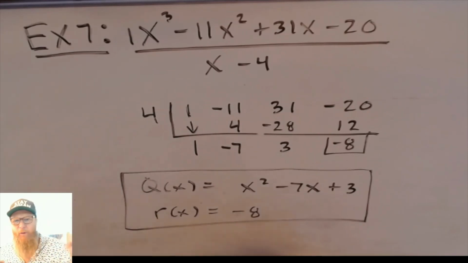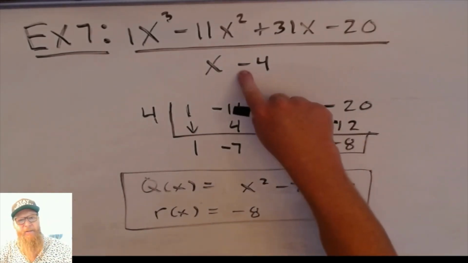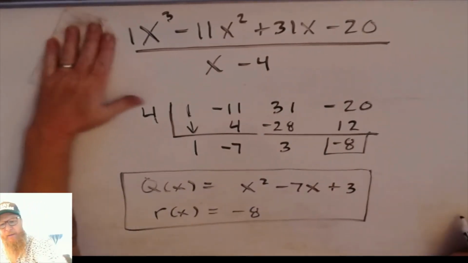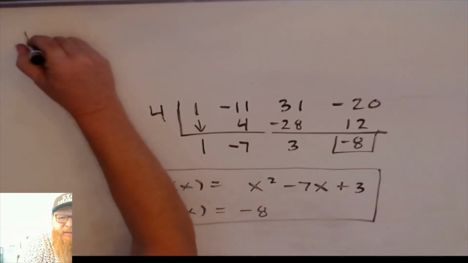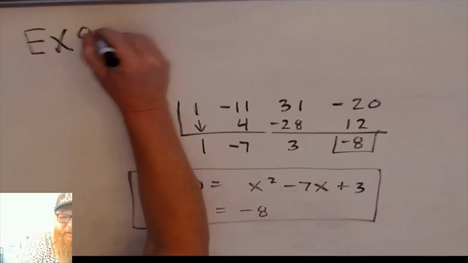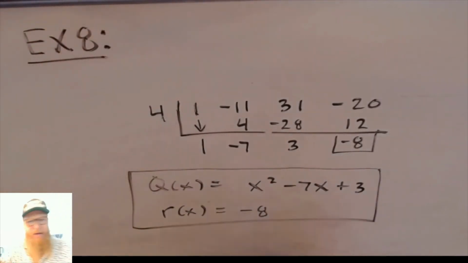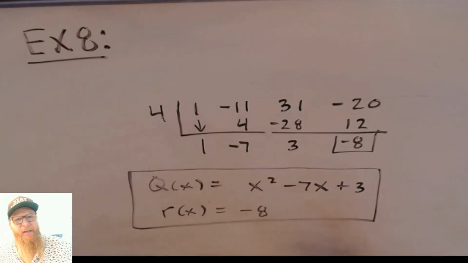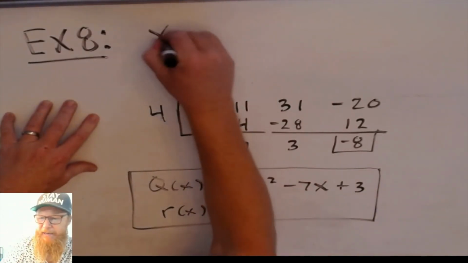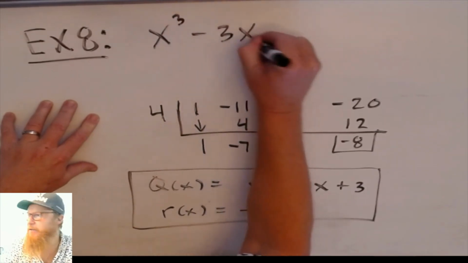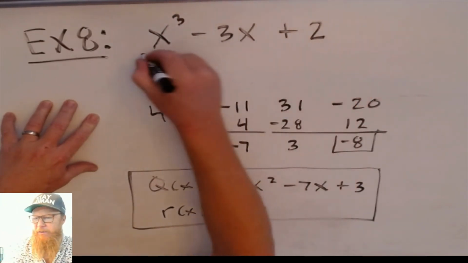I've got time for one more. I mentioned what happens if this divisor is positive, so let's do one like that. I think I'm off to Staples after this video to get a new pen because this pen is really dying on me. So I have x cubed minus 3x plus 2.